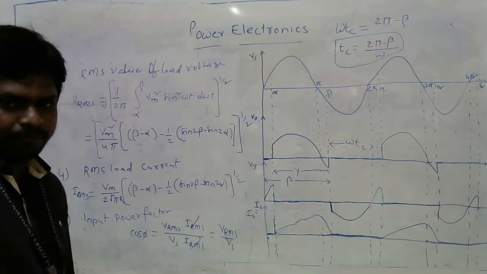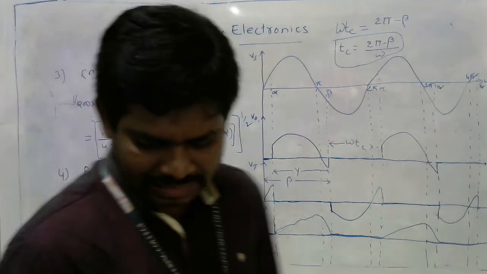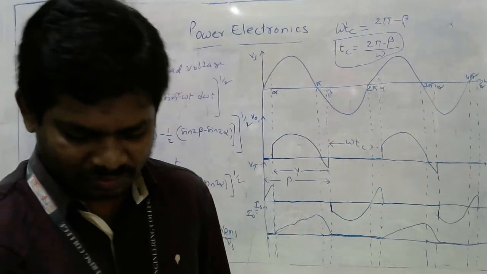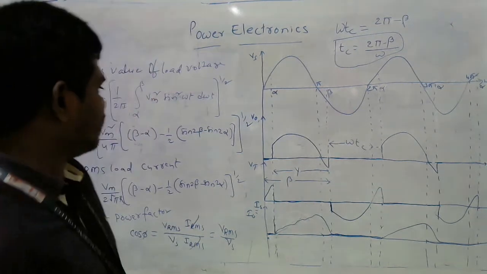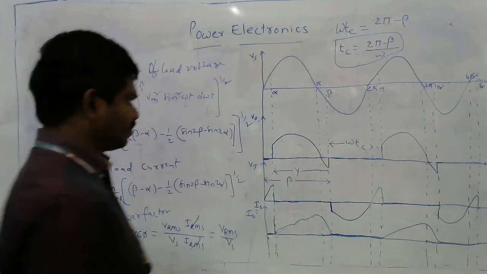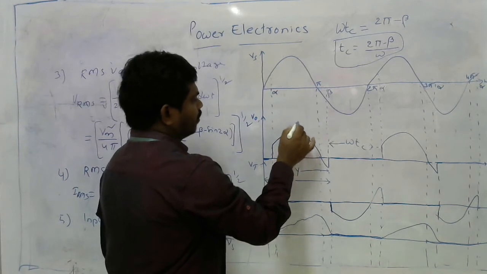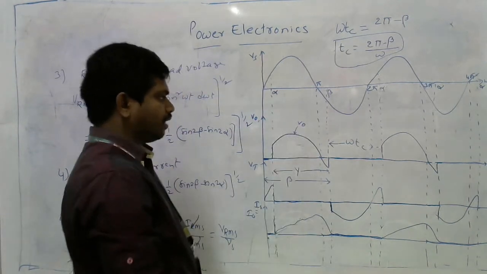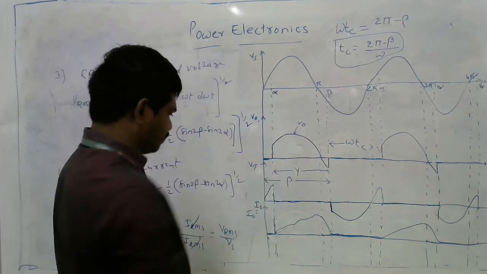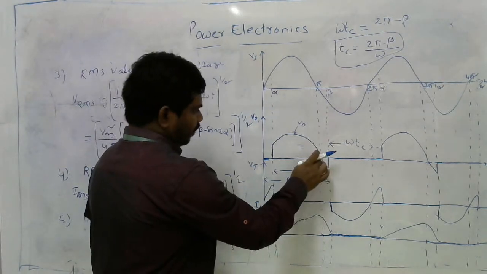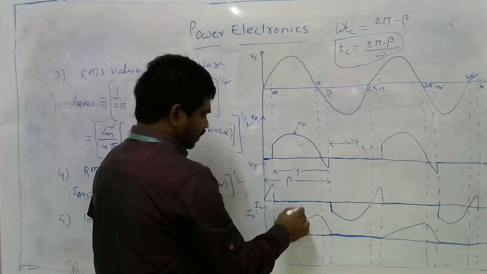Finally, what is the disadvantage of this circuit? Look at this. It's very clear. This is my voltage. Voltage is on the positive side, with positive voltages available up to pi. This is my positive current.